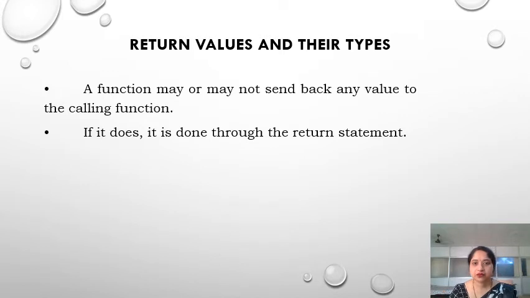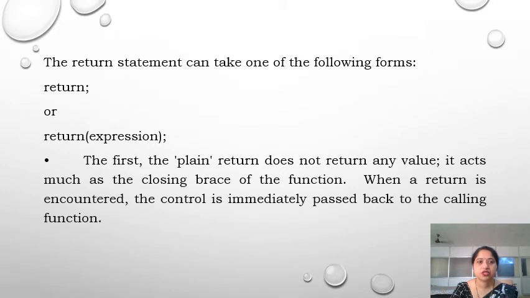The return values and their types. A function may or may not send back any values to the calling function. If it does, then it is done through the return statement. So we can use the return statement to return a value. The return statement can take two formats.